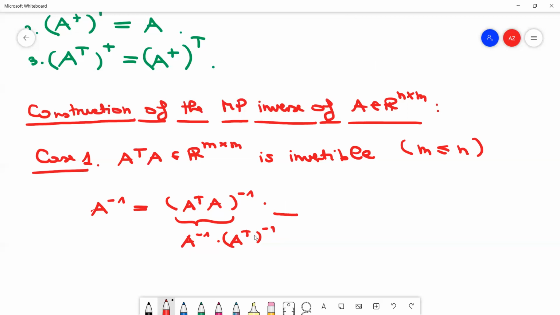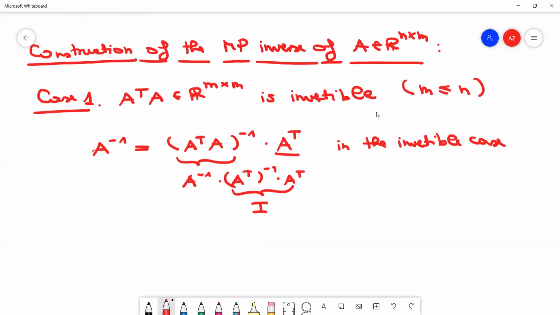So we have to get rid of this A transpose inverse. What we need is just A transpose. So here times A transpose, and then this would be identity. So this is in the invertible case. And this is the idea for the claim.